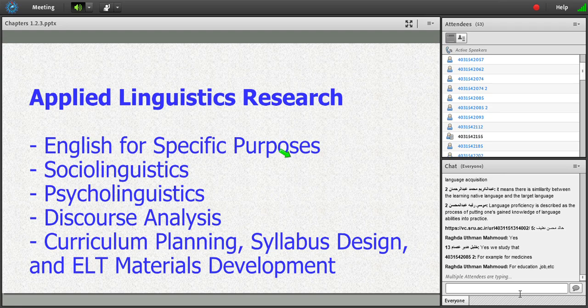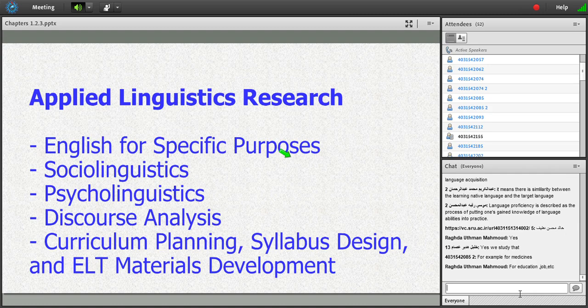Exactly. So we have English for academic purposes, which include using English for different disciplines, different majors, different educational purposes, or English for occupational purposes. It means that, for example, the pilots, the nurses, the taxi drivers in international airports, the way they need English.